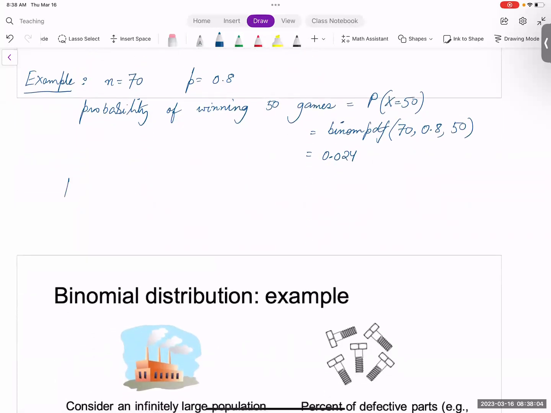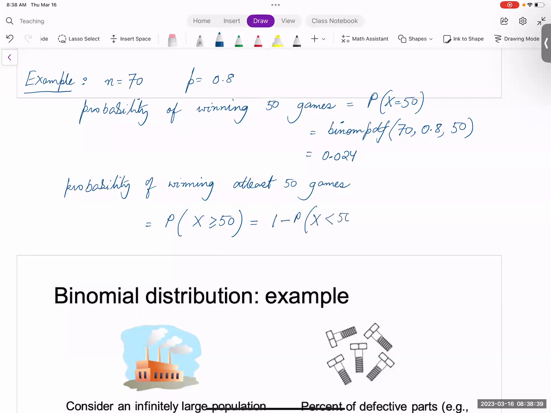And then we can also think about the probability of winning at least 50 games. This is equal to the probability x is greater than or equal to 50, right? Now, we don't have a formula that can give us greater than or equal to 50. So I'm going to write this equivalently as 1 minus the probability x less than 50.